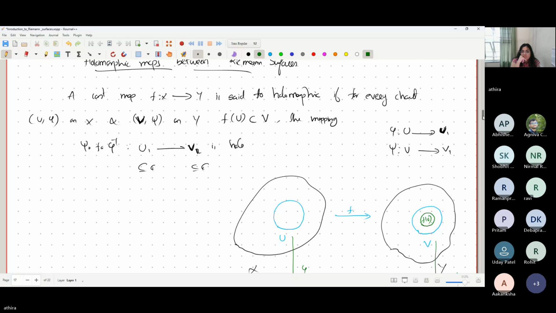Yes, we can find such a neighborhood if f is continuous. Okay, fine. We'll see. I will find out what is the necessary condition, or maybe later you think about it: can we define a function which is not continuous but satisfies this definition or not?